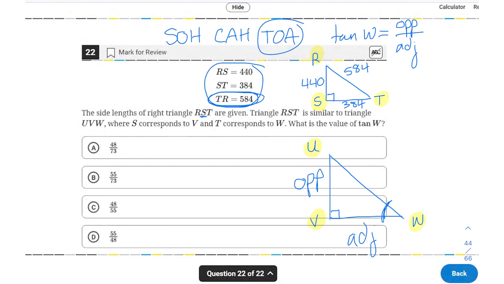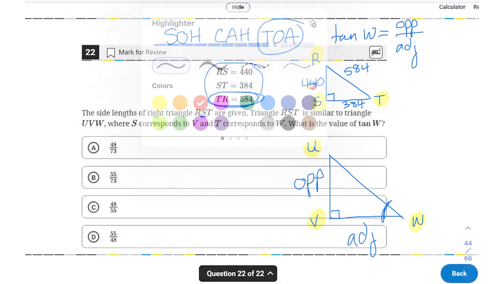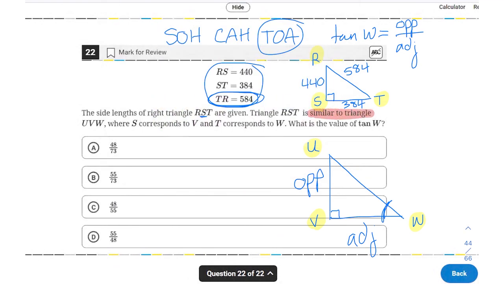But we don't necessarily know the exact values of these sides. What we do know is that these triangles are similar, which means even if the triangle has different side lengths, the proportions are going to be the same. I'm going to highlight this in a different color so it stands out.